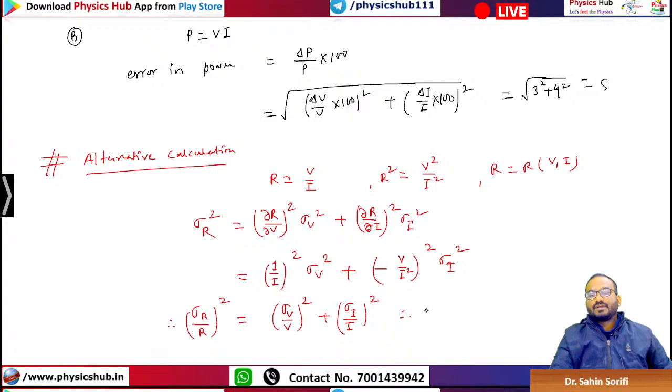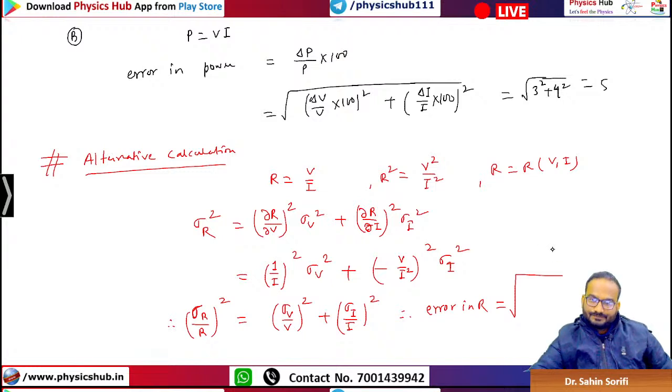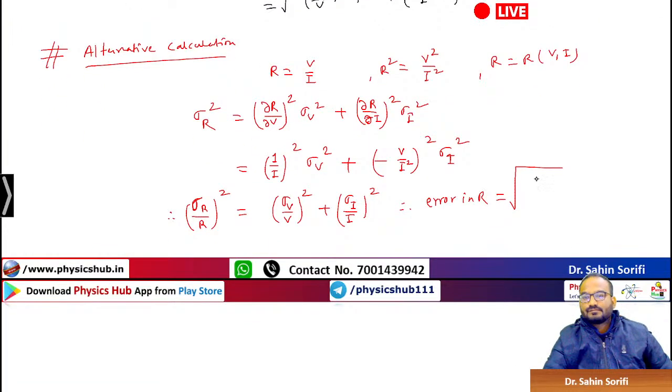And that is why, when you calculate this, sigma R by R is the error in R. So we can say the error in R in percentage equals the square root of (sigma V by V) whole square plus (sigma I by I) whole square. Actually, we have used the same formula.